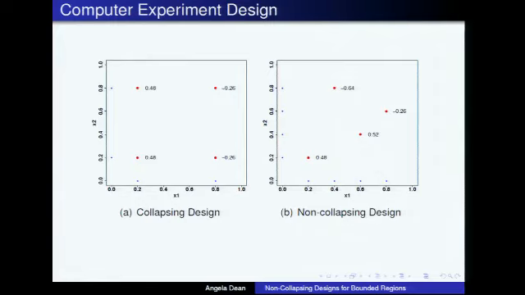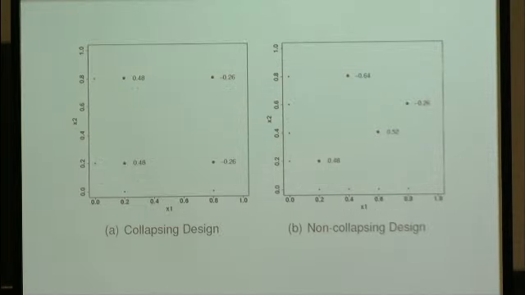Okay, this is a similar picture to the one I think both Bertrand and Brad put up. Here's an example of a collapsing design. Supposing you've got two variables, x1 and x2, and x2 actually doesn't affect the response. If you use that kind of design, you've got the same response twice at each value of x1, and so you've lost half the information.